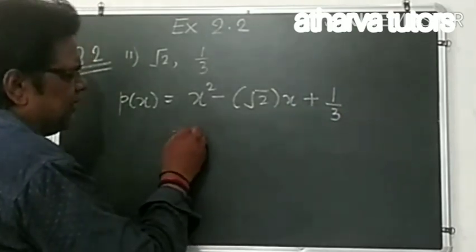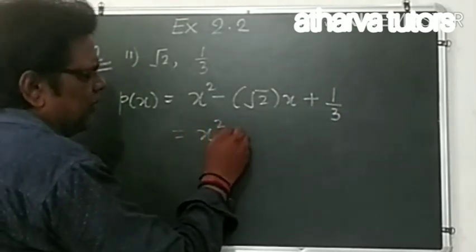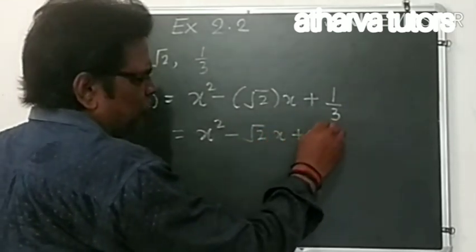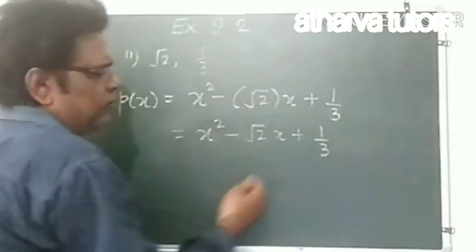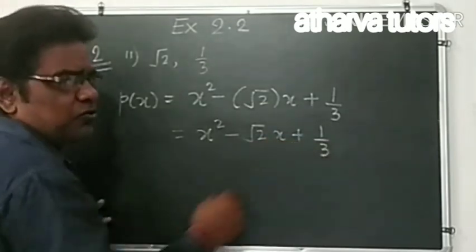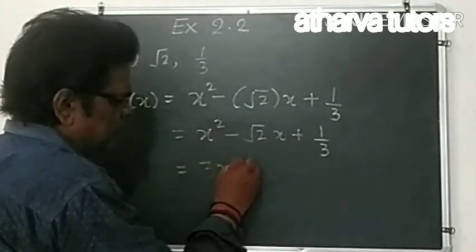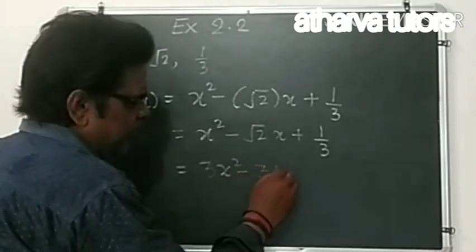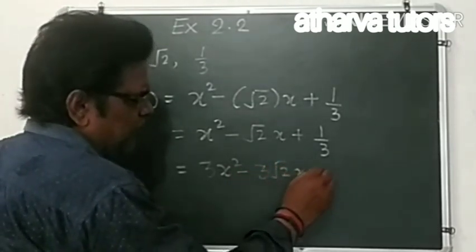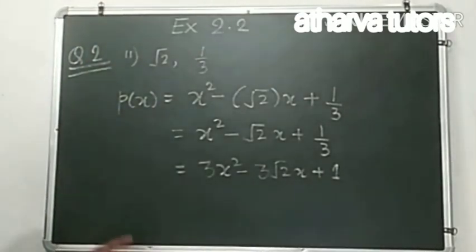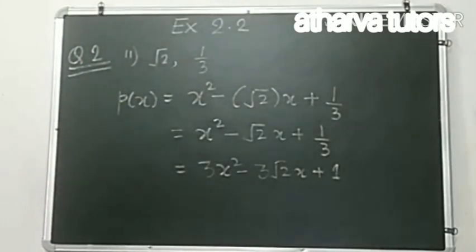Or this you can write as x square minus root 2 x plus 1 upon 3. Now to remove this 3, you have to multiply all terms by 3. So this will become 3x square minus 3 root 2 x plus 1. This will be your answer. This way you have to solve the question.